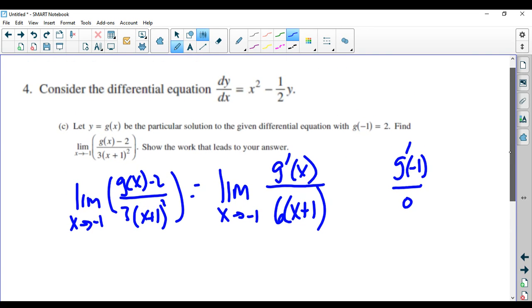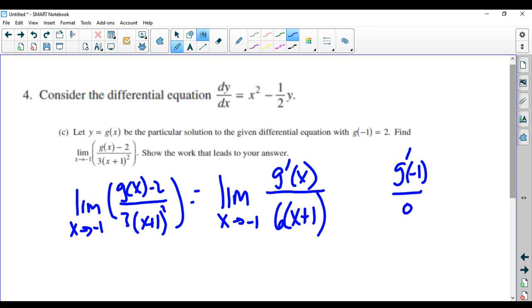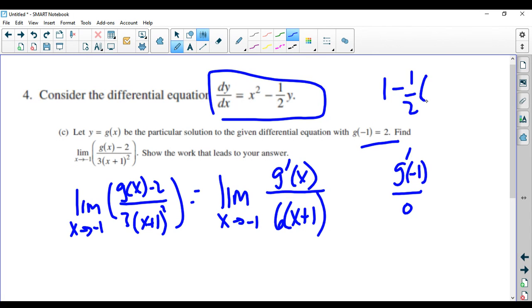Well, since y is g prime of x, then the derivative of g of x is right here. So we're going to plug in -1 comma 2 into this derivative. So x is -1 minus y is 2. And you can see that is 0.